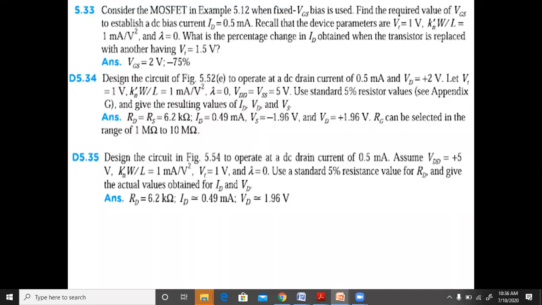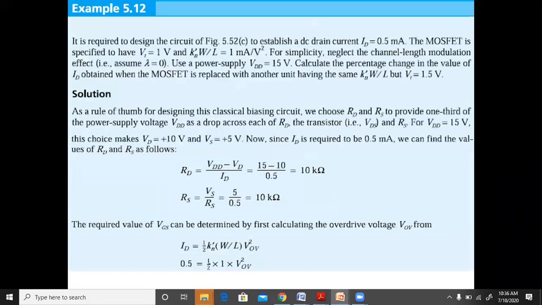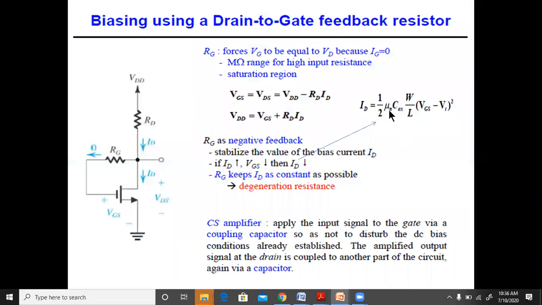Once we find the value of VGS, we find the value of VDS. The equation to be used for this is the same equation which we have written here. ID is to be substituted, VT is to be substituted, and then VGS is to be found.